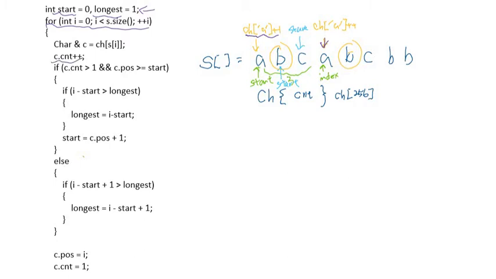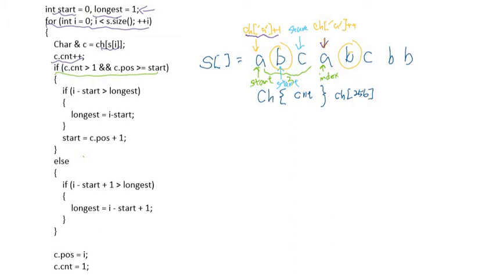Count each character by the character array containing the count variable, using ASCII code as the index of array. We have to distinguish whether current character is repeated twice or not, since the starting point is needed to exactly calculate the substring length.